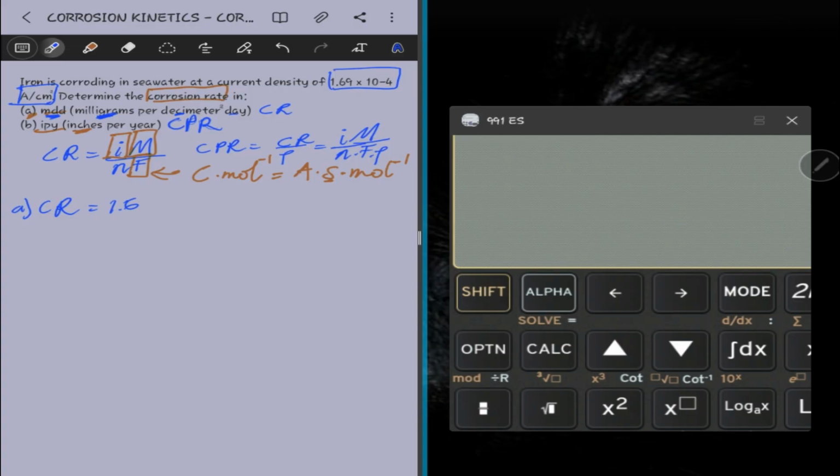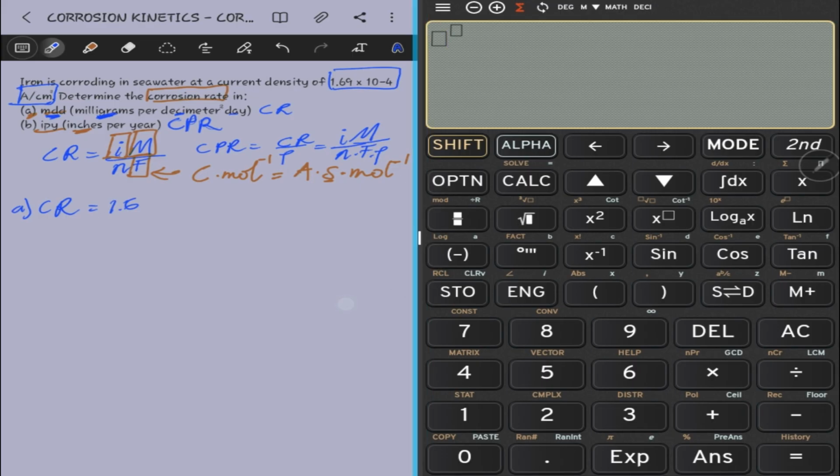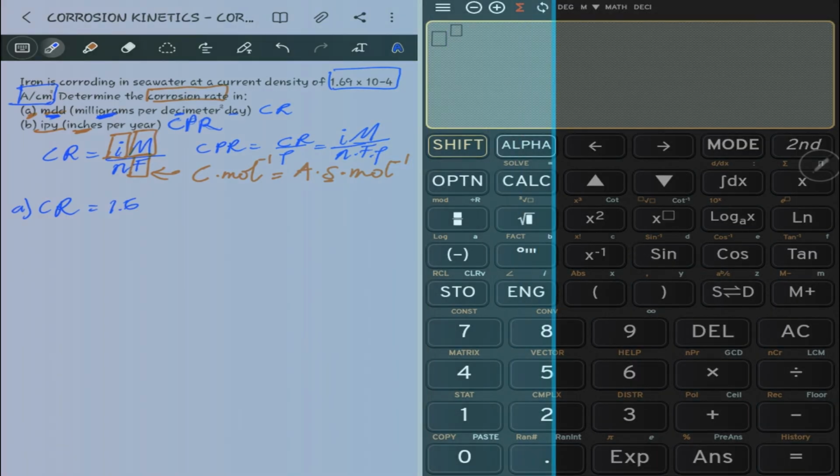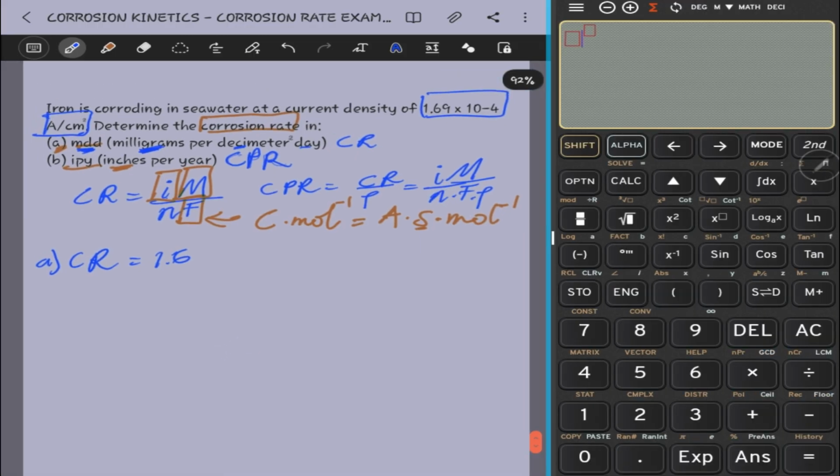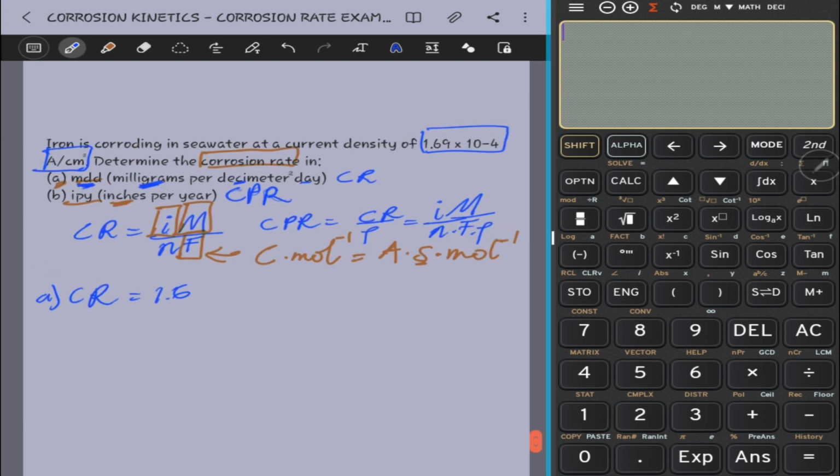But if you can go step by step and break everything down, you definitely know which one to convert and which one not to convert at every point in time. That's another way of doing it, though. And not all the conversions are within the table. IPY like this is not in any of the tables that I've seen.